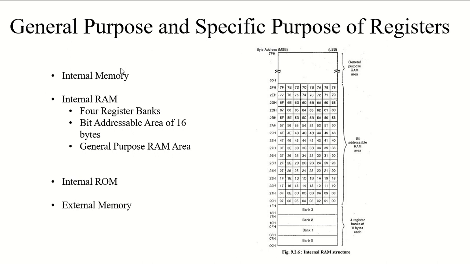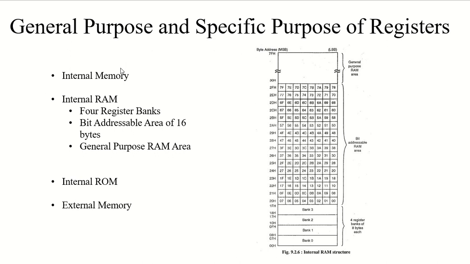And the program counter can access the program code bytes from 0000H to FFFFH, right? So the capacity of internal ROM would go from 0H to 0FFH. And for addresses higher than 0FFH, the 8051 will automatically fetch the program code bytes from external memory by connecting the external access pin to the ground.